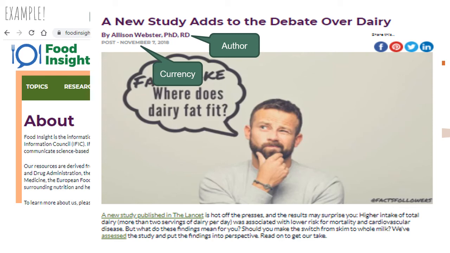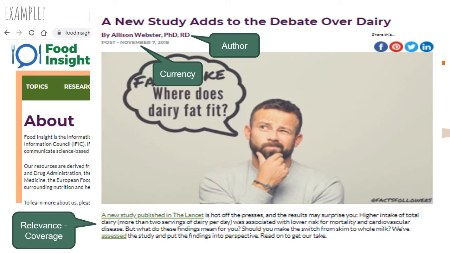And also look at the date. The date shows us the currency. It was written November 7th, 2018. So it is still relevant.